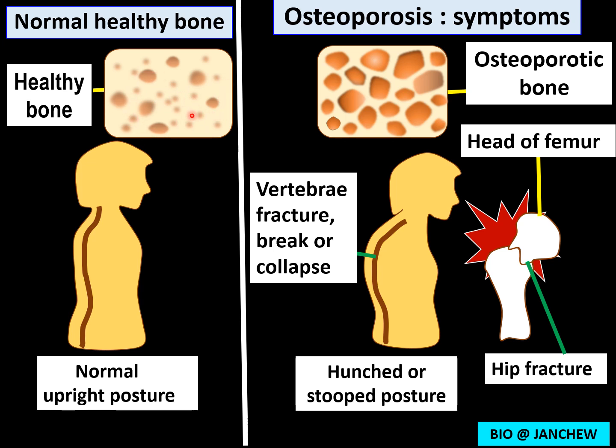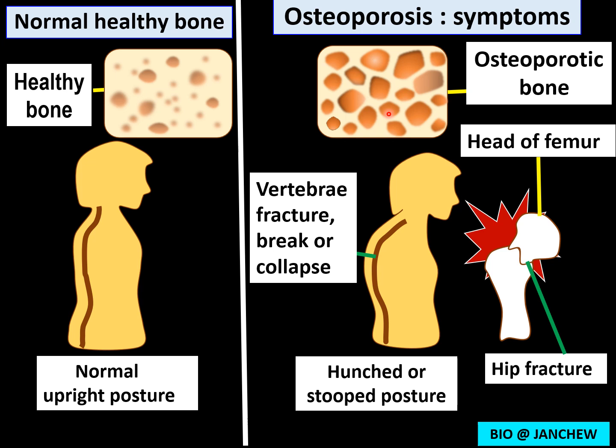Okay, but in the bone of a person suffering from osteoporosis, we call it the osteoporotic bone, the holes are very big and it looks something like a honeycomb structure or a beehive structure. And you can see the holes are very big where the bone tissue has been lost. So this causes the bone to be very weak and easily fractured or broken because it is very porous.